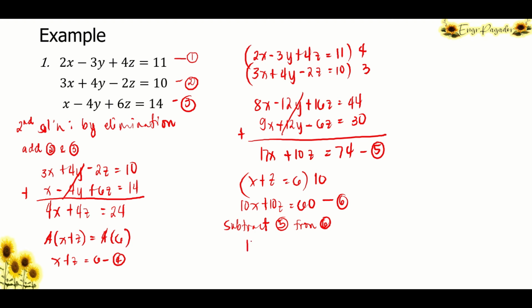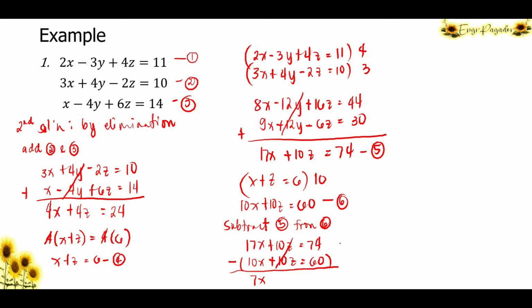So, our equation 5 is 17x plus 10z equal to 74, minus 10x plus 10z equal to 60. Okay? So, if we are going to subtract this, 17 minus 10 is 7x. 10 minus 10, of course, will cancel.